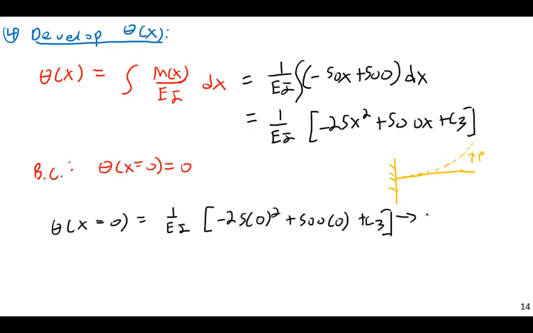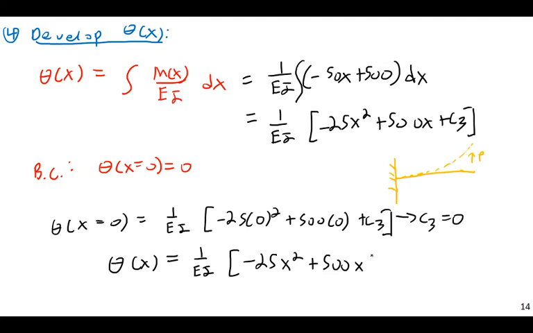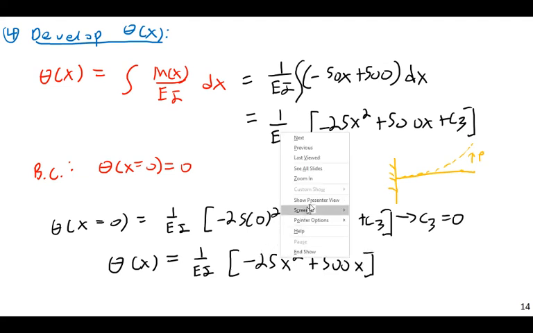And this leads us to C3 is equal to 0. So in other words, theta as a function of x is equal to 1 over EI times negative 25x squared plus 500x. And that is the full theta of x function.